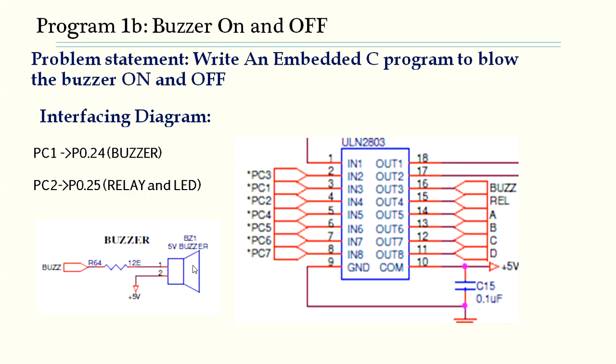So the buzzer is connected as shown, wherein the output of ULN2803 is connected to one pin of the buzzer, while the other pin of the buzzer is connected to 5 volts. On sending a value of 1 on P0.24, you'll be able to blow the buzzer on.